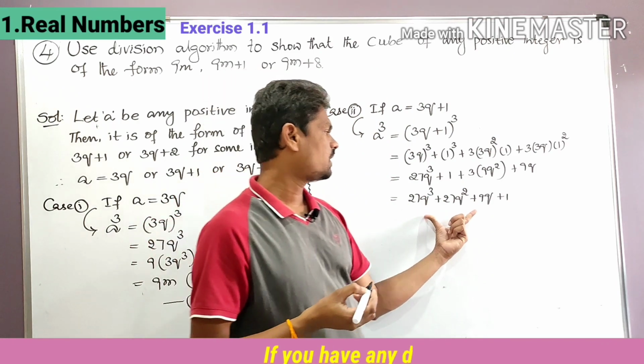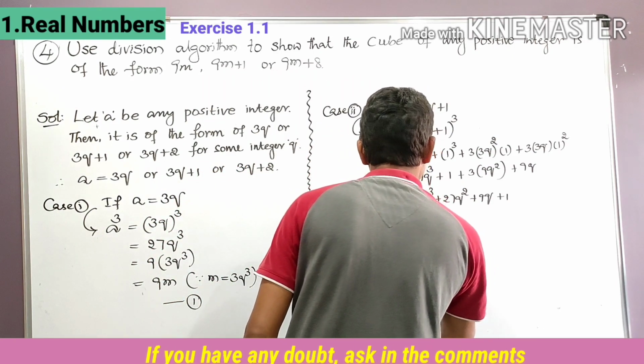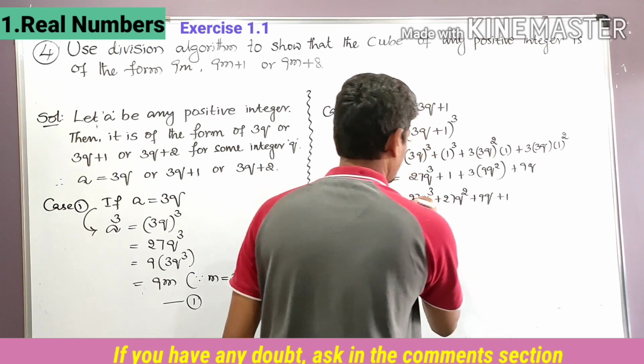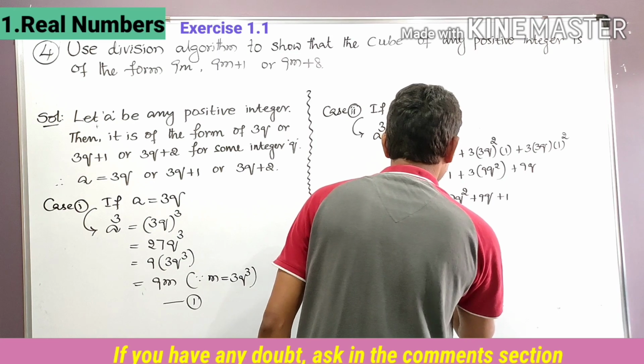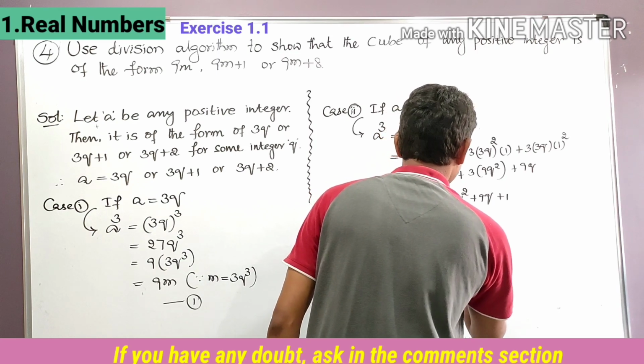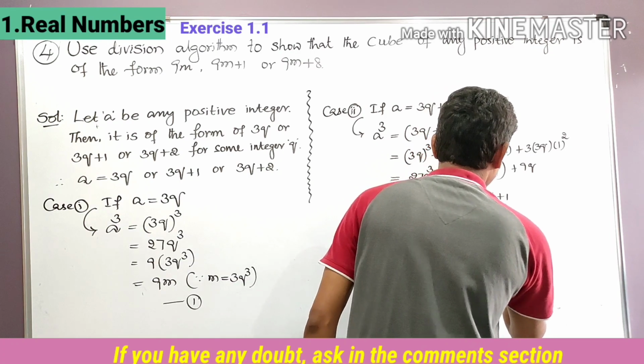In the first three terms, 9 is common, student. I am taking 9 common in the first three terms. So 9 into, here 27q cube becomes 3q cube, plus 3q square, plus q, and then plus 1.